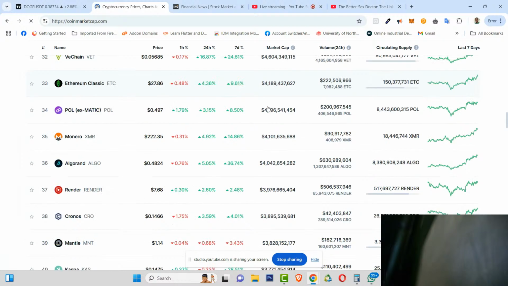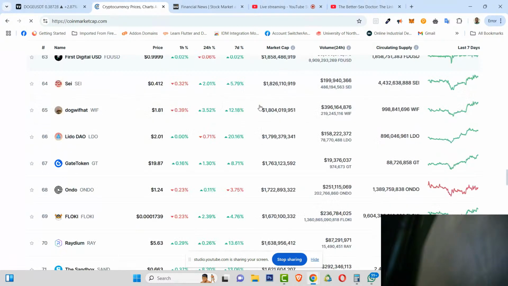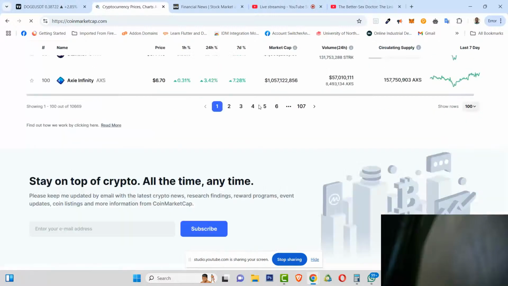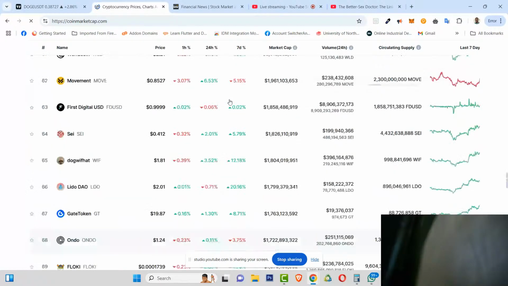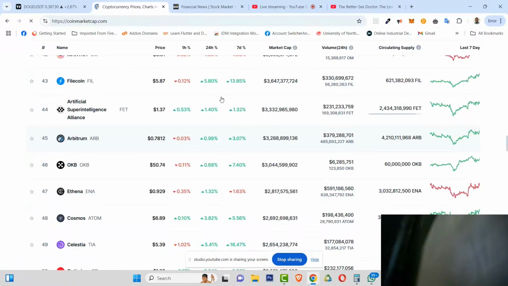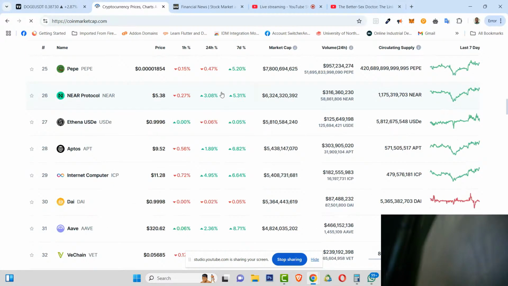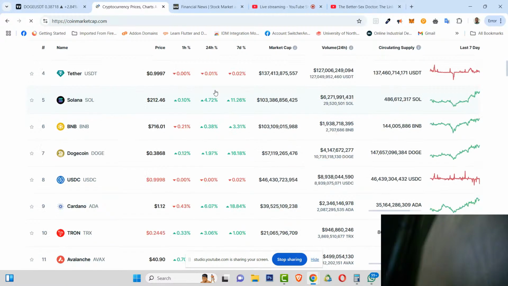Where are you, Doge? Oh, goodness. It's very funny. It's like Doge is not even among the first 100 coins here. That's really crazy. Oh my goodness.